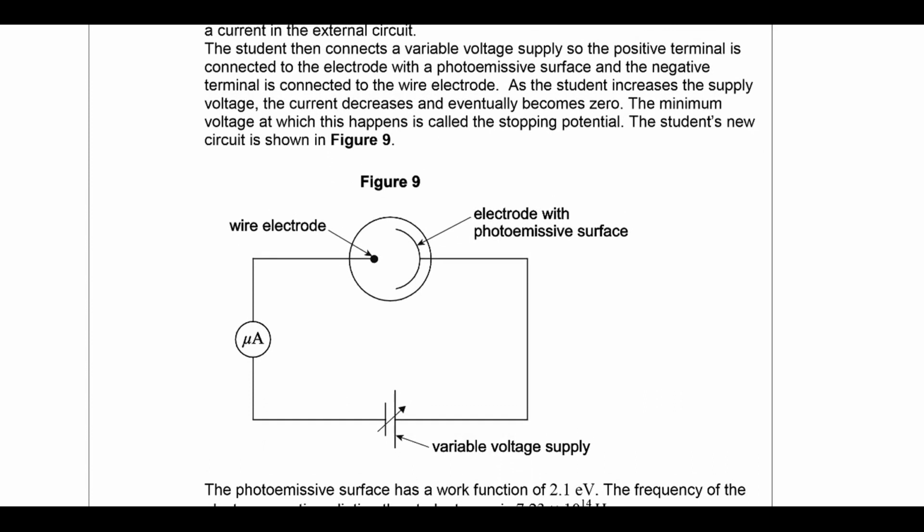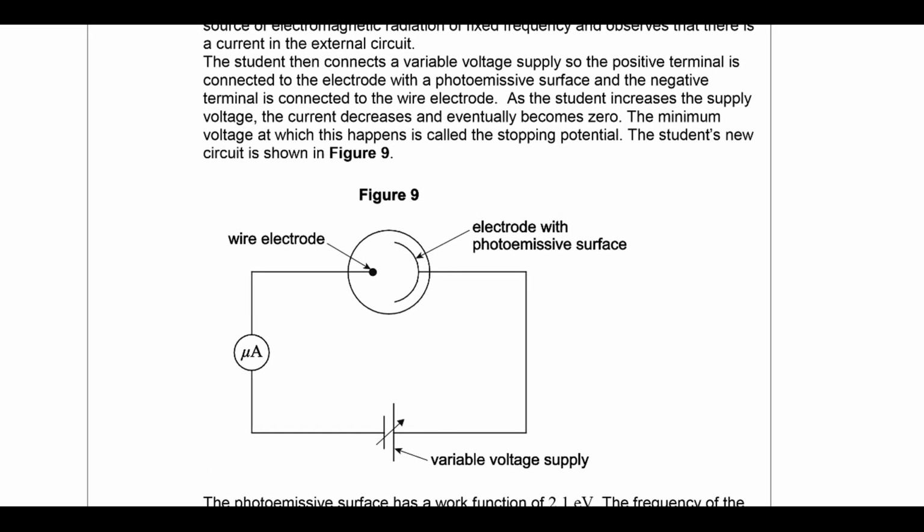Essentially, we're going to try and stop there being any photoemission using that. As the student increases supply voltage, the current decreases and becomes 0. The minimum voltage at which this happens is called the stopping potential. The student's new circuit is as shown.